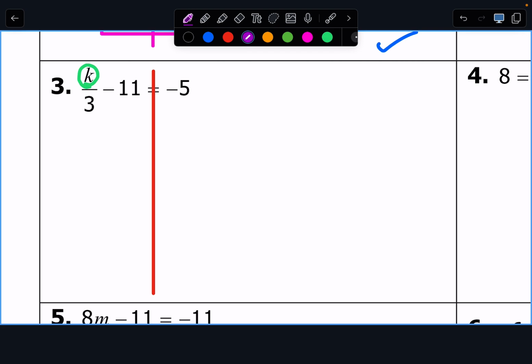Bruno, can you tell me what operation is in between K and 11? Okay, so we need to undo our subtraction. And in order to undo our subtraction, we are going to add 11.